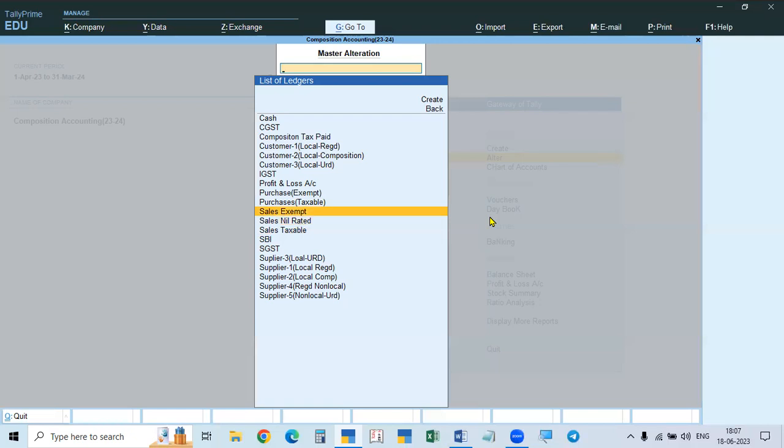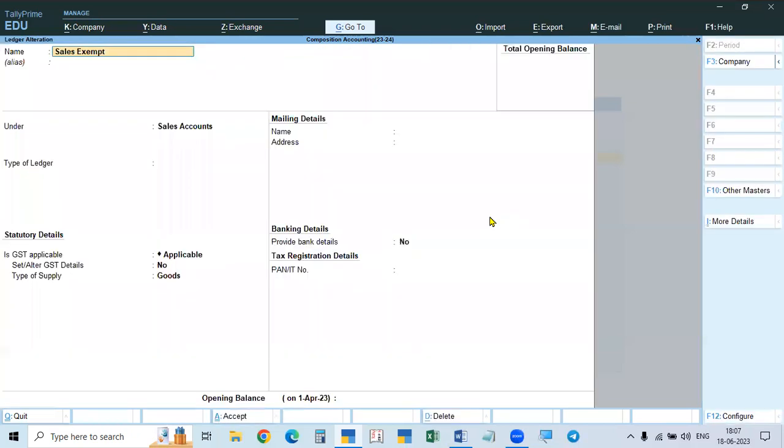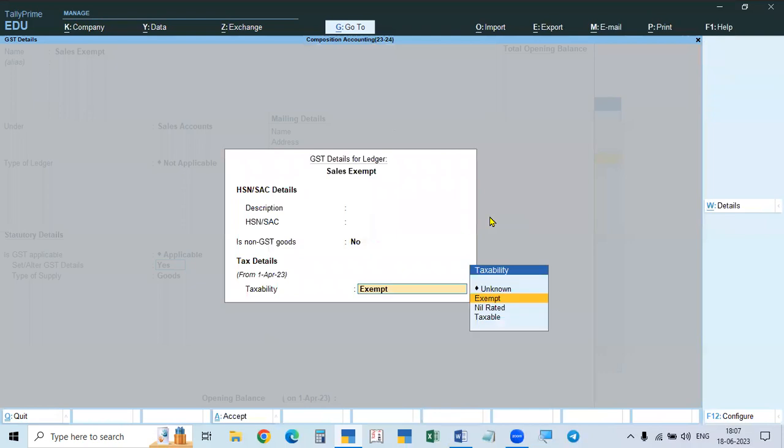In the reports also, they will show all the items separately, but they will show the tax only on taxable goods, and for others they will not show any tax. We will see that later. Like this, we will create here. When doing the sales account, if sales exempt is applicable, nothing more will be asked, just exempt.